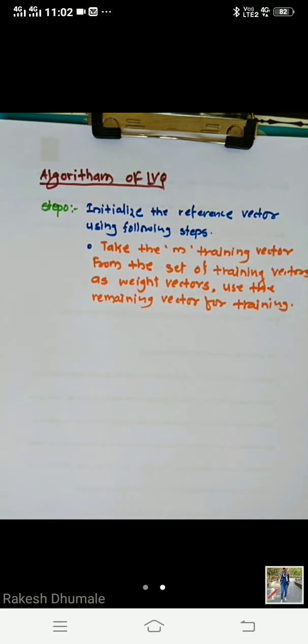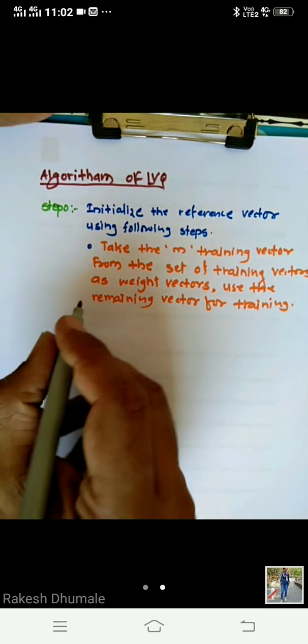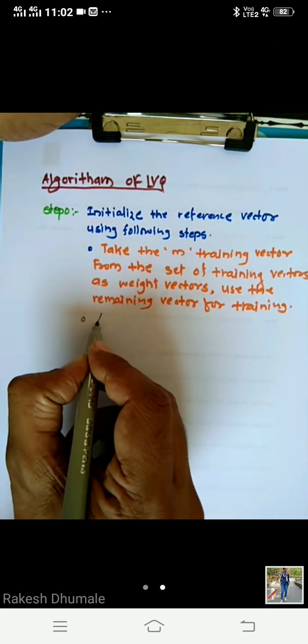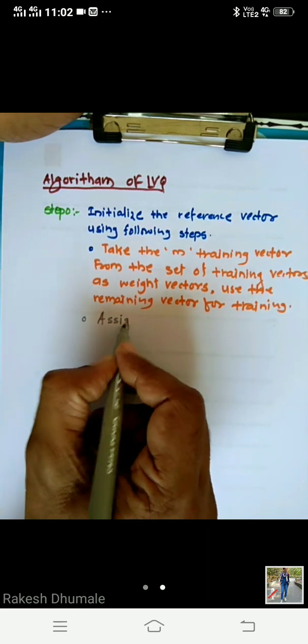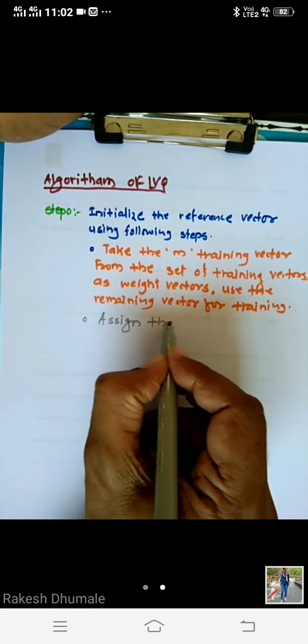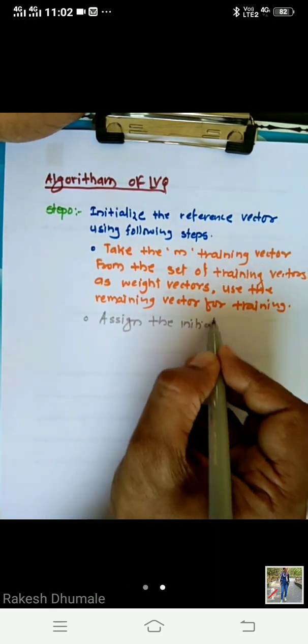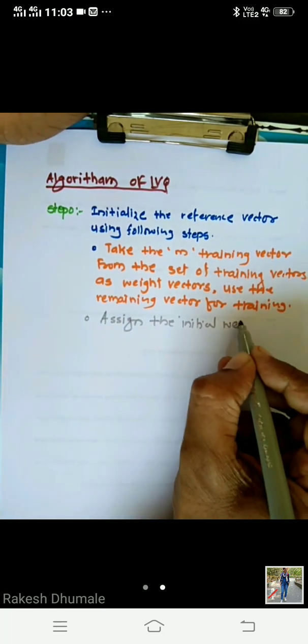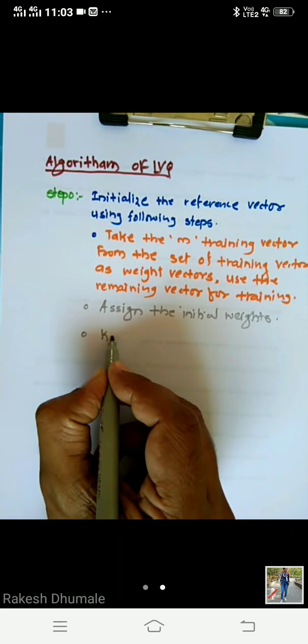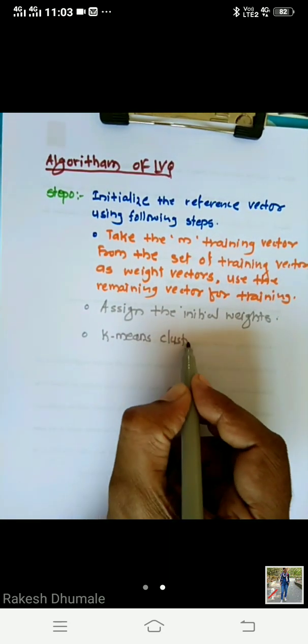Then the second step, assign the initial weights. For assigning these weights, you have to use the k-means clustering algorithm.